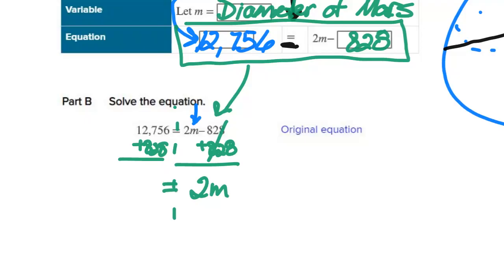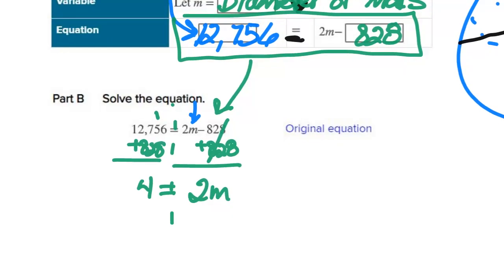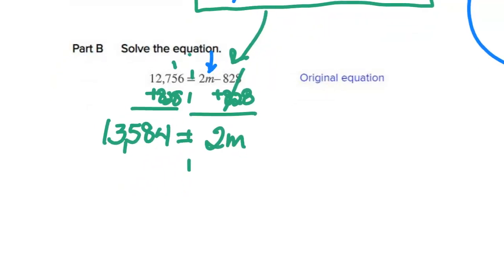2M is equal to 6 and 8 is 14, 5 and 2 is 7, 1, 8, 15, 13, 1. Is that right? 13,584? That is 2 times the diameter of Mars. So how do I get the diameter of just Mars?